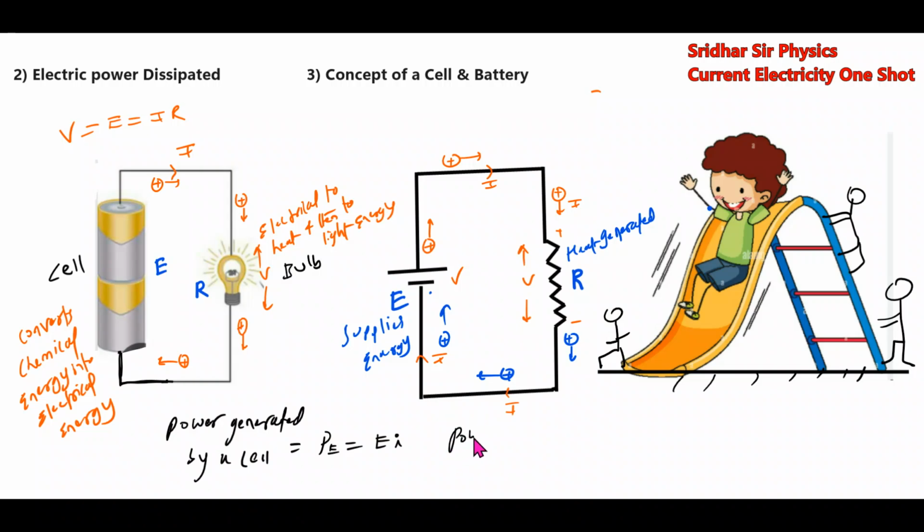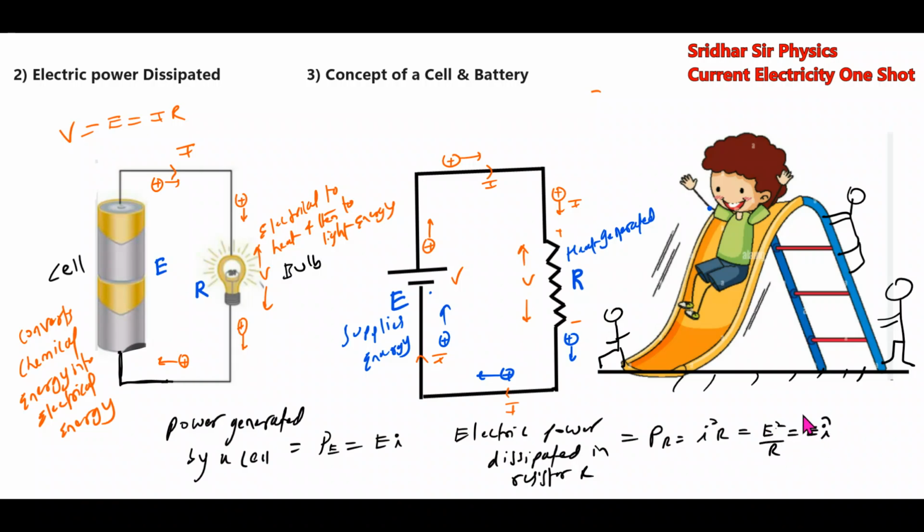Then the electric power dissipated in resistor R should be equal to I square R, or E square by R, or E into I. And this much electric power is dissipated in the resistor.